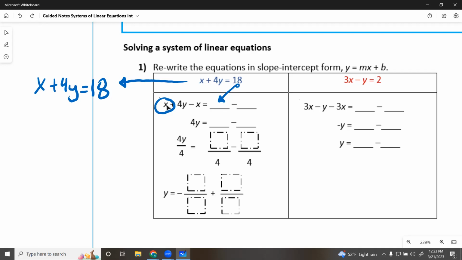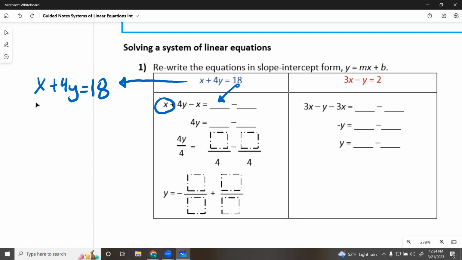Then we're going to get rid of this x right here. The way we're going to get rid of the x is by subtracting it from the left-hand side of the equation. What you have to do to get rid of a variable or undo numbers is to do the opposite.